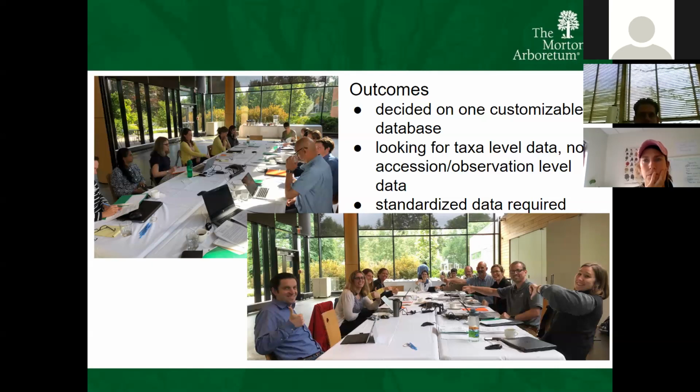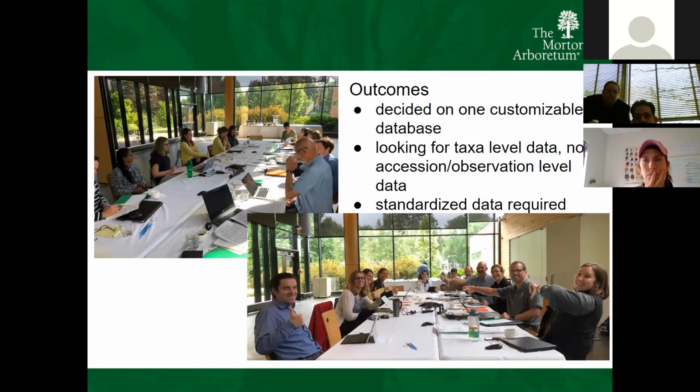Each garden had its own way of collecting and its own philosophy. So one of the major outcomes of this conversation was that we wanted to make sure this data was standardized, so that standardized data would go into the database and produce the best quality results.